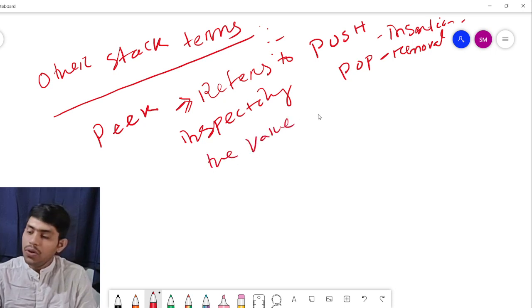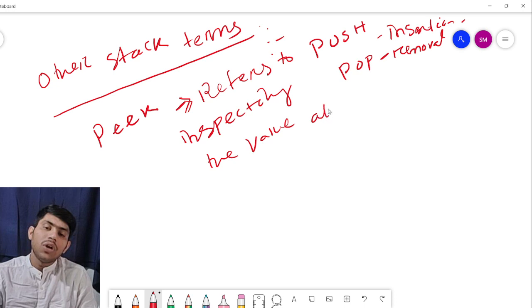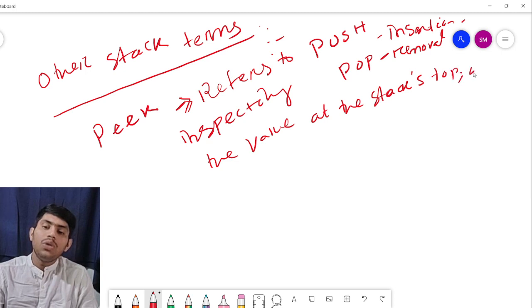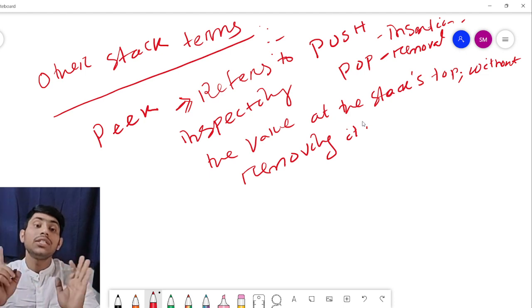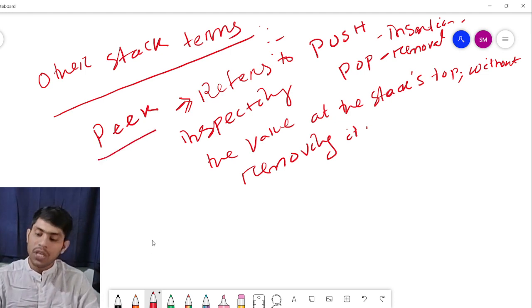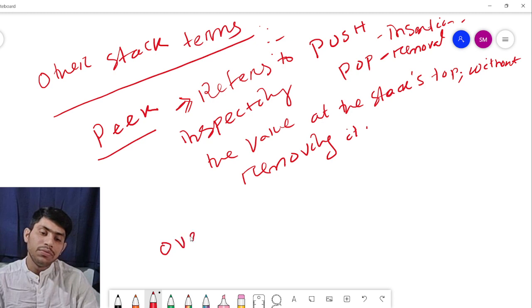Without removing the value, we can see what element is present at the stack top. That is called peek.